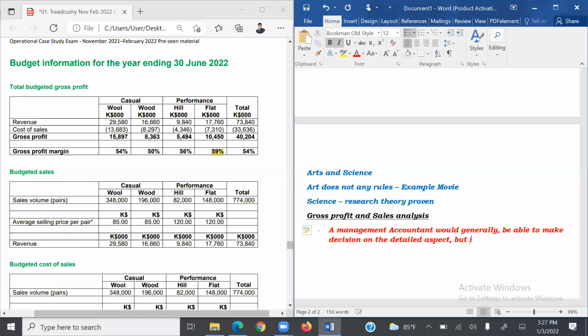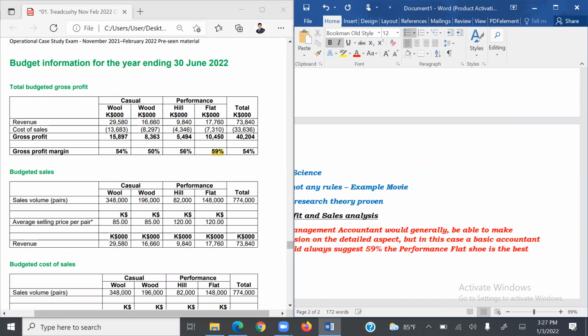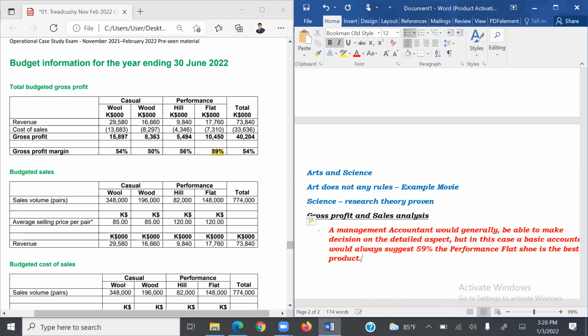But in this case, a basic accountant would always suggest 59%, that is performance flat shoe is the best product.